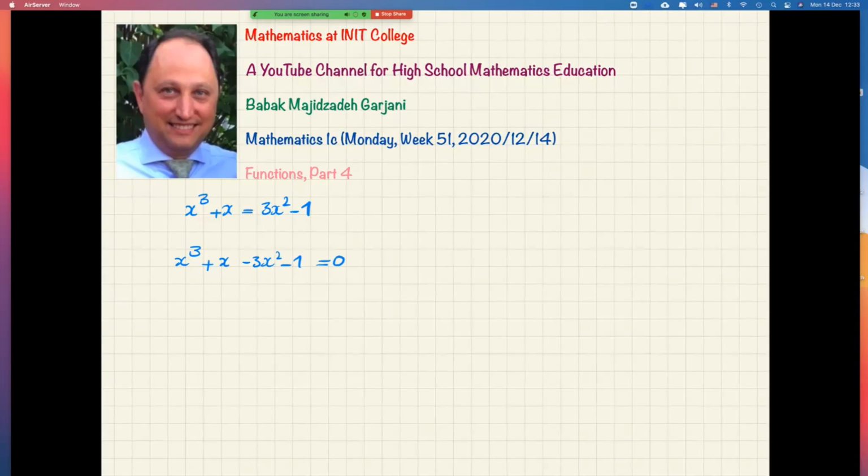Then I will get a function y here. So I have two functions, f of x equals x to the 3 plus x minus 3x squared plus 1. Yes, plus 1, thank you. And the second function, let me call it g of x, is equal to 0. So the left-hand side function I call this one, and the right-hand side function is this one.